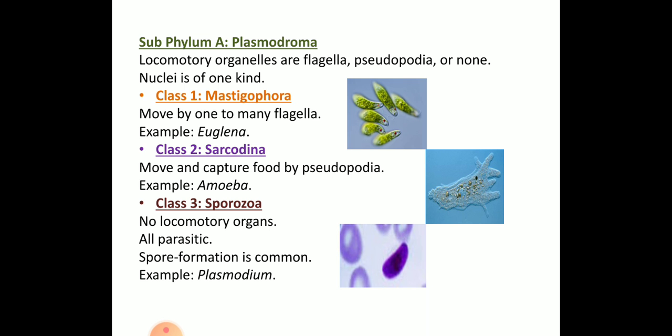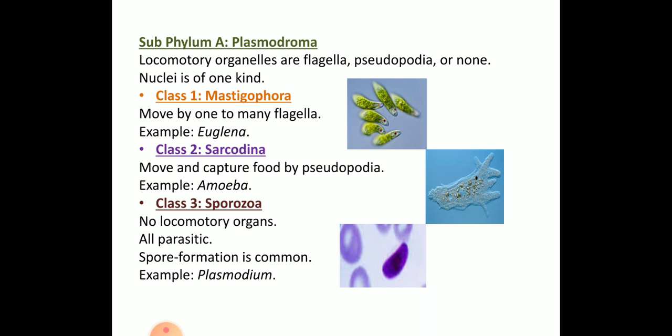Coming to class 3, Sporozoa. Here the locomotory organs are absent and they are all parasitic forms, and the main important characteristic is that spore formation is common. Spore formation is a type of asexual reproduction, but later they mature and undergo sexual reproduction.